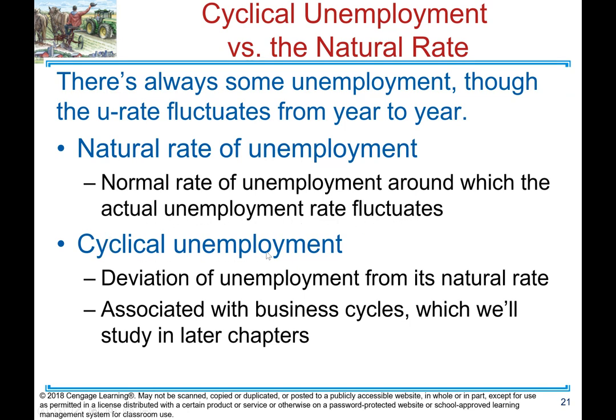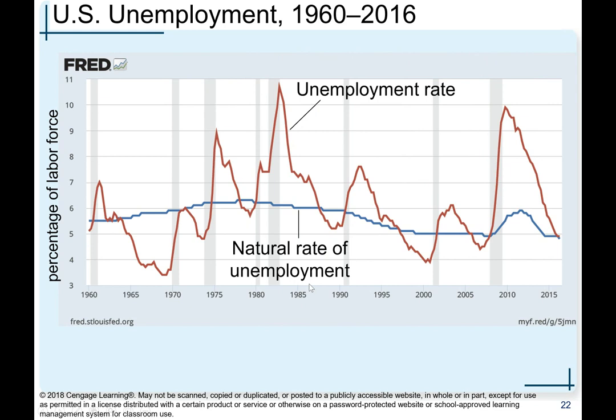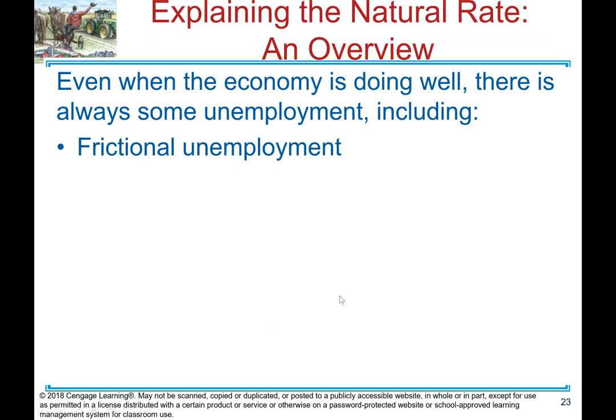Cyclical unemployment is the deviation of unemployment from its natural rate. It's associated with business cycles, which we will study in later chapters. This picture from FRED shows unemployment from 1960 to 2015.